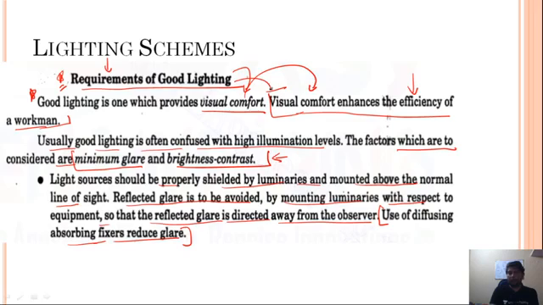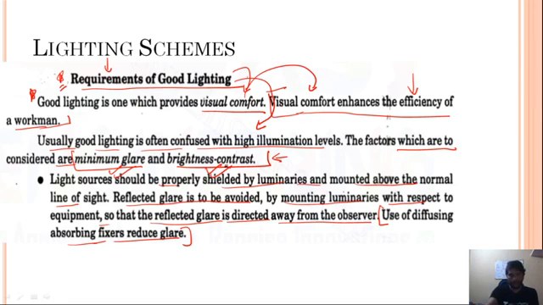Good lighting is not related with high illumination. It is only related with minimum glare and brightness contrast, which we control with the help of reflectors, diffusers and fixtures that reduce the glare. I hope you will get a good idea with this.